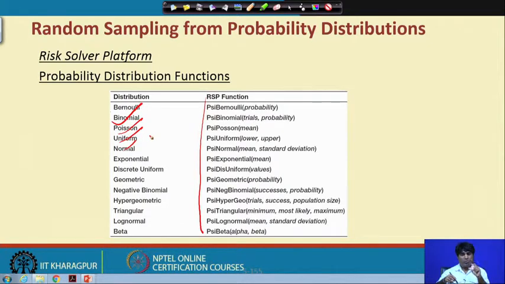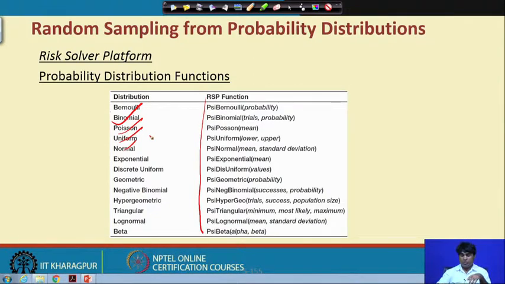So, you have to fix the parameter values first, and then give a proxy for the random variable x. By default it will create a sampling distribution or sample points, and on the basis of that you can go for analyzing some of the engineering problems.